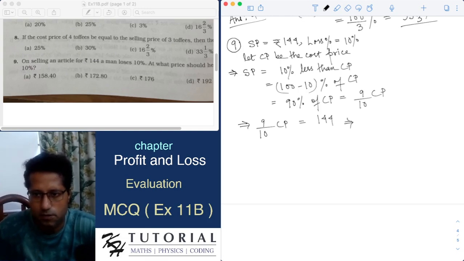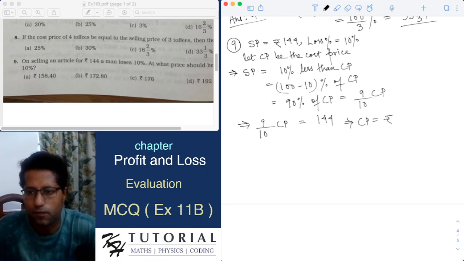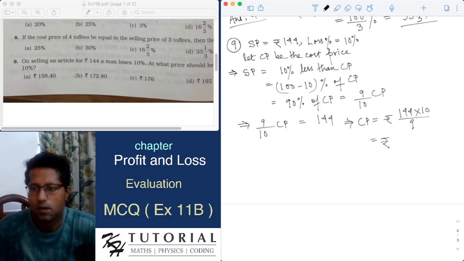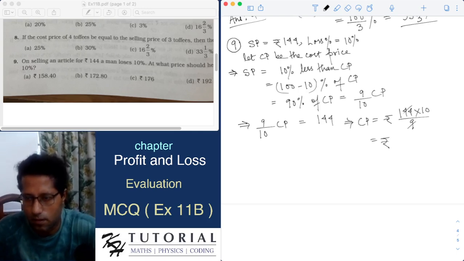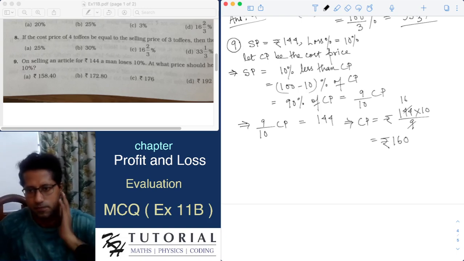This implies CP is rupees 144 into 10 divided by 9. This is rupees 9 divides 144 with 16. So 160 is the cost price.